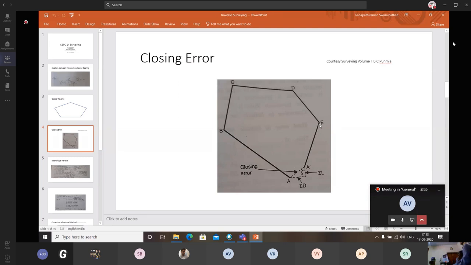No, all are keeping quiet. What is a compression member? It is a column. Column, long column, short column, strut. Strut is a member in the truss.